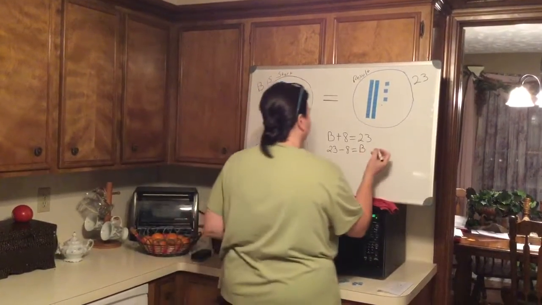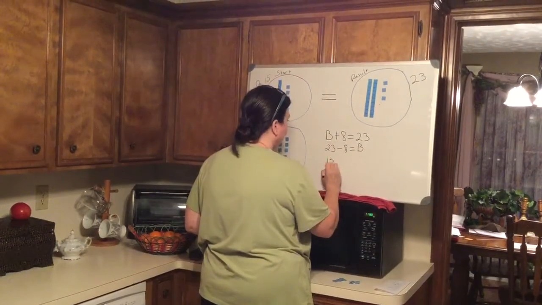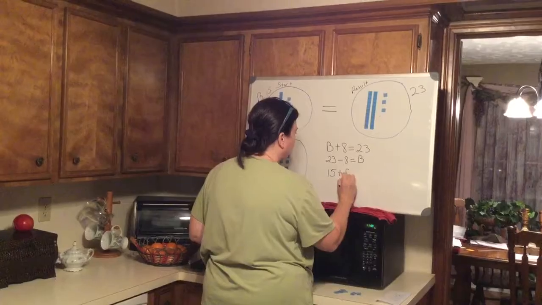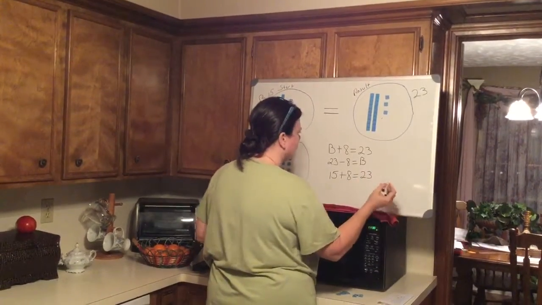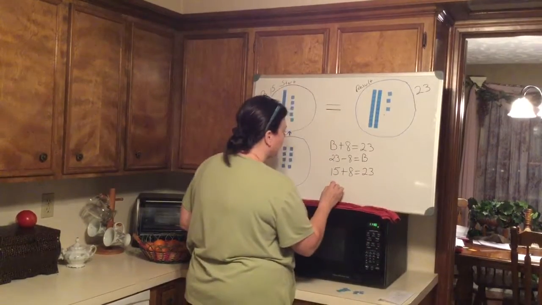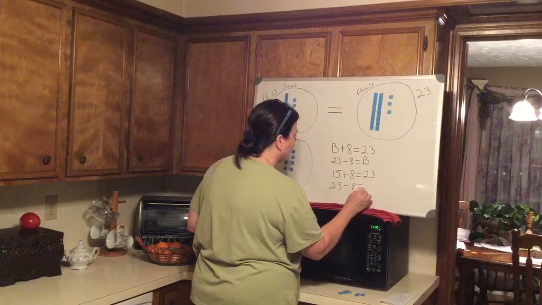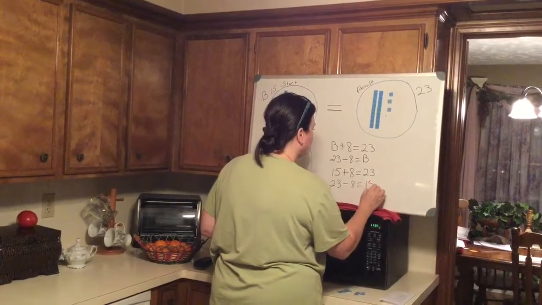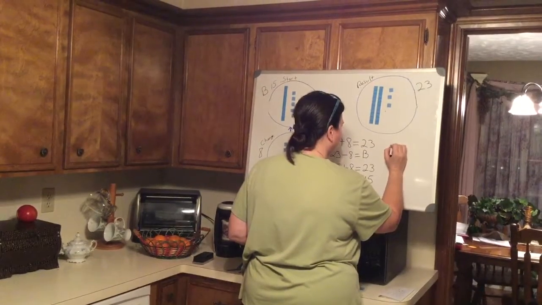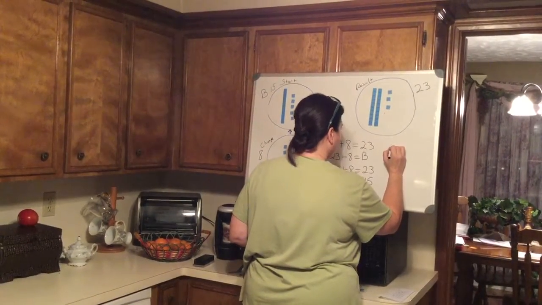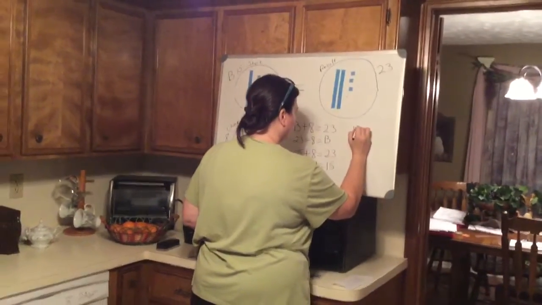So now we know that we have 15 plus 8 equals 23. We also know that we have 23 minus 8 equals 15. And we can do this by using our place value.